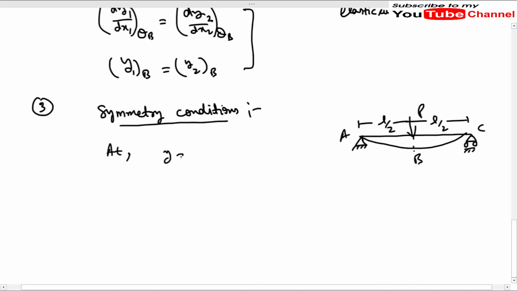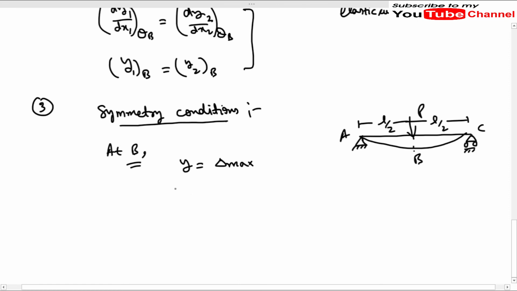the deflection will be delta max because we have a point load acting at the midpoint of the beam.